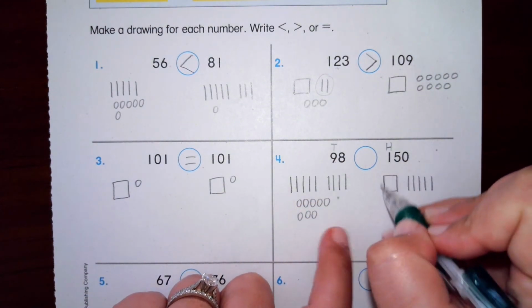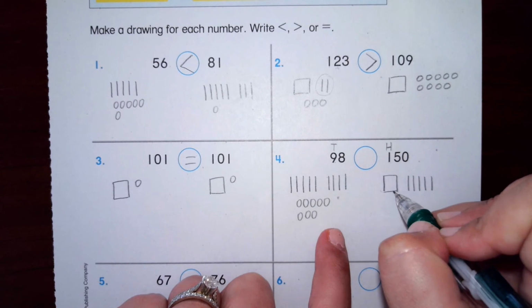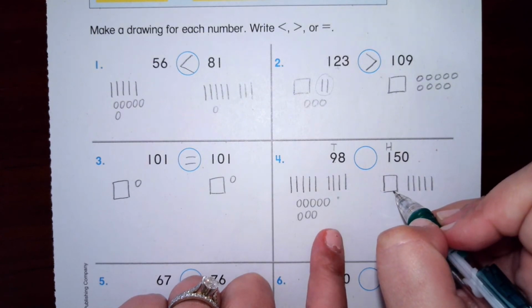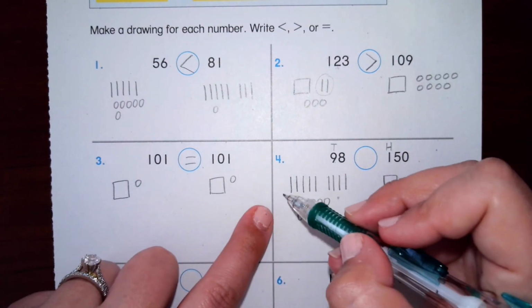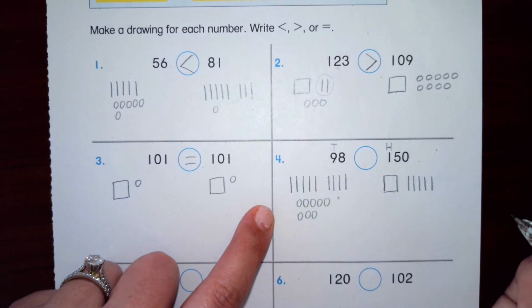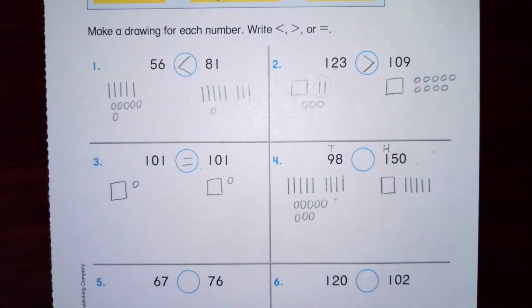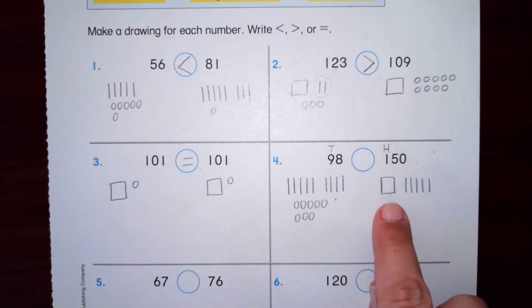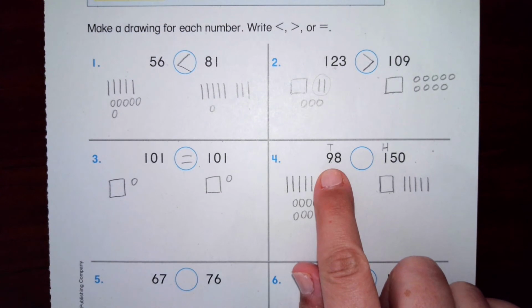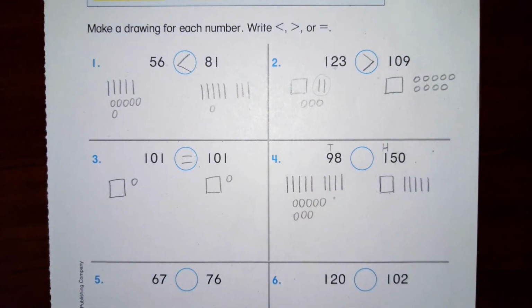So if I have 100 right here, I have a hundreds box, and I have 0 hundreds boxes here, which of these numbers is bigger? The one with the hundreds box, right? So even though this first number is a 9, they have to be in the same place.